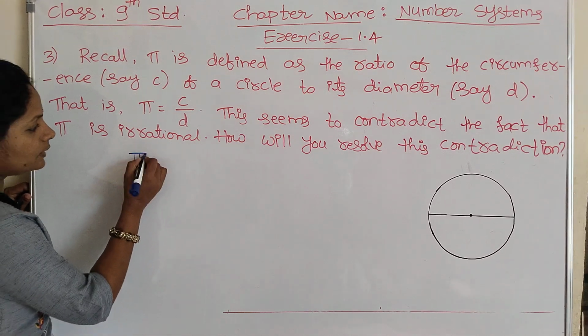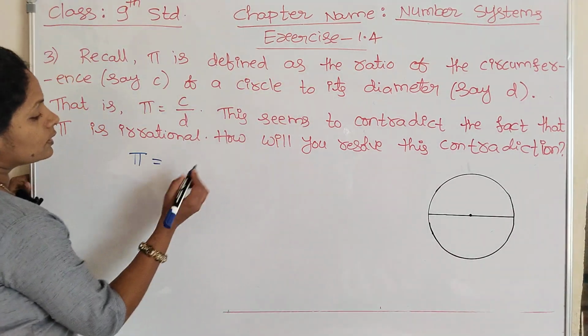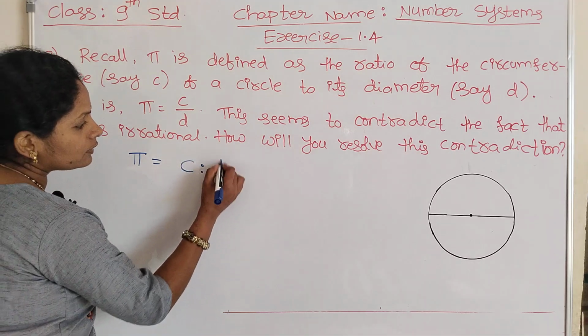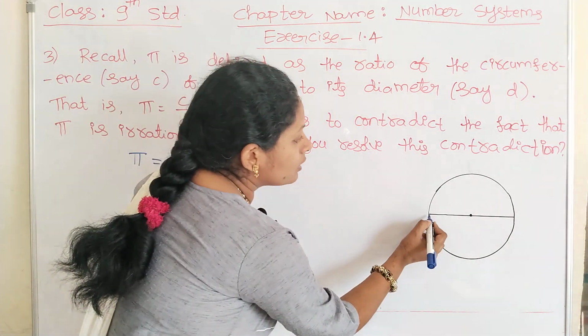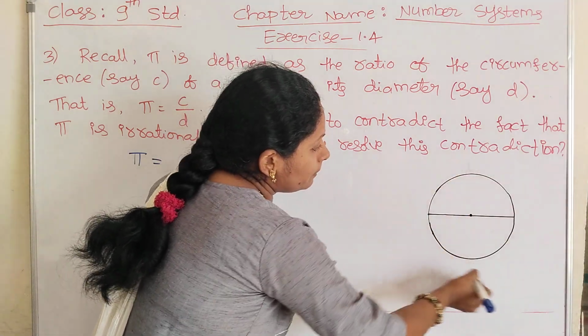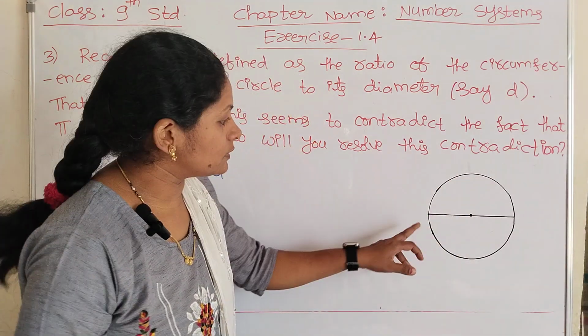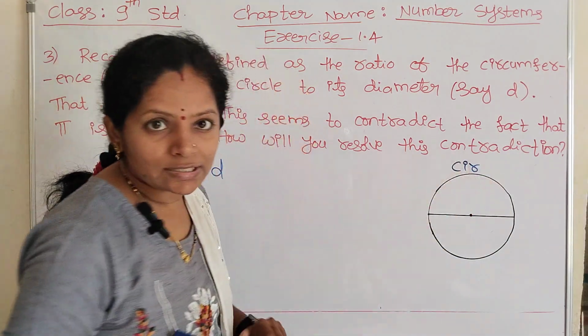It is given that pi is defined as the ratio of whom? Circumference and the diameter. What is the circumference? If we start from this point and complete this circle and reach the same point, this is the circumference of the circle.